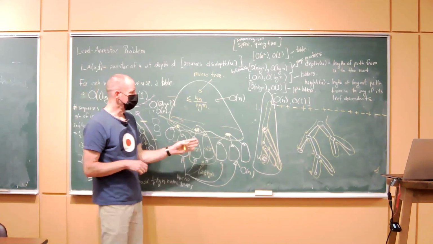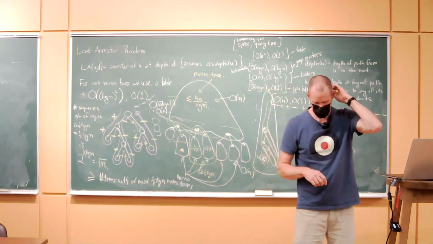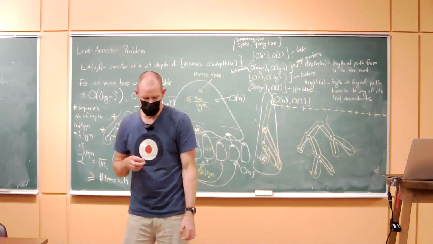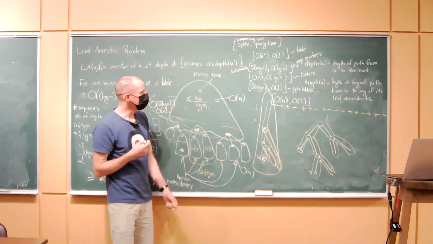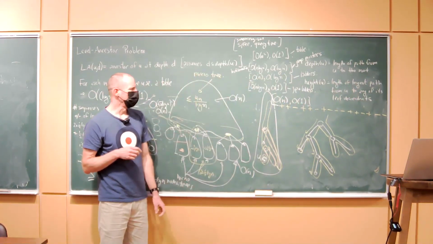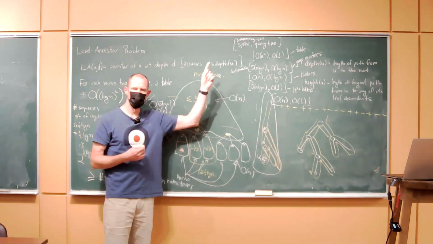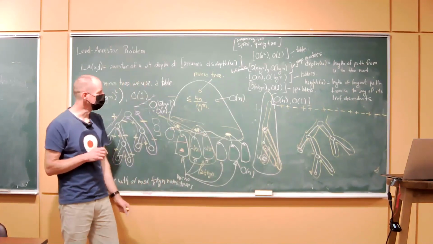So just a couple of notes about this. Again, there's a reference; you can download the paper from the web page. This is a solution that was presented about 15 years after the original O of n space constant query time solutions for this problem.